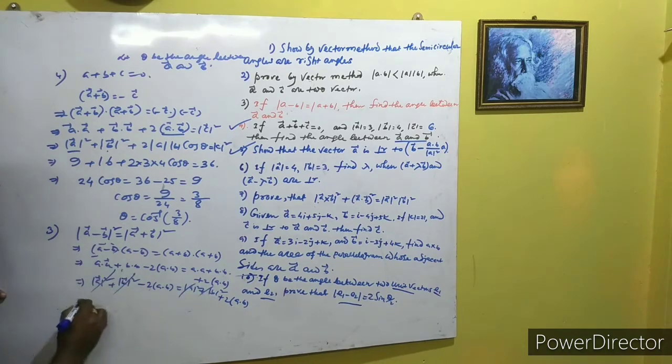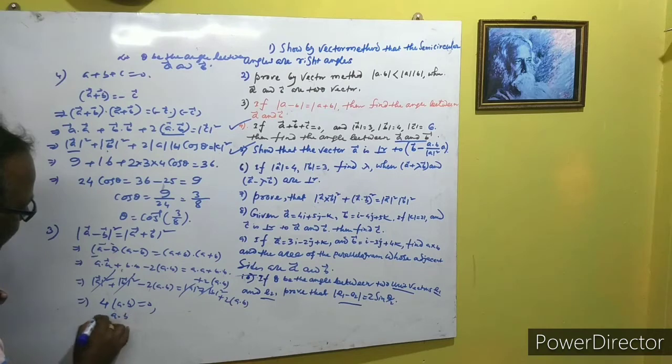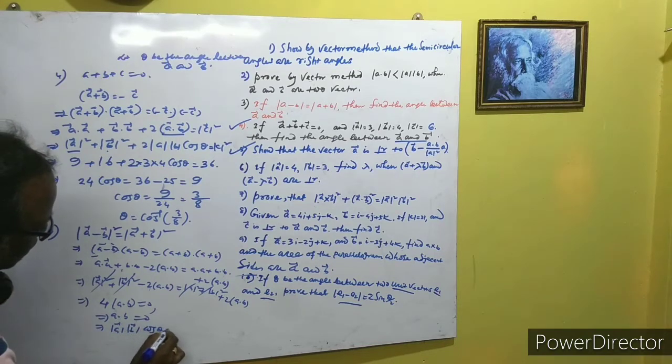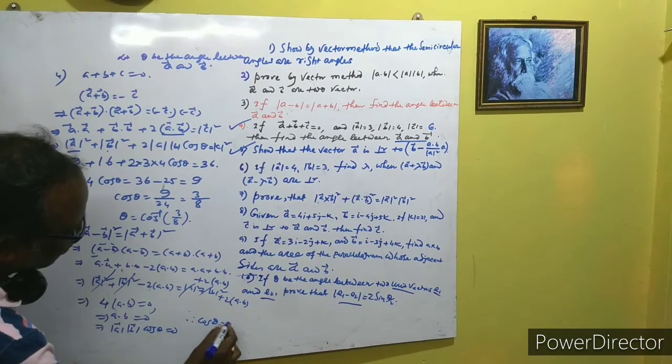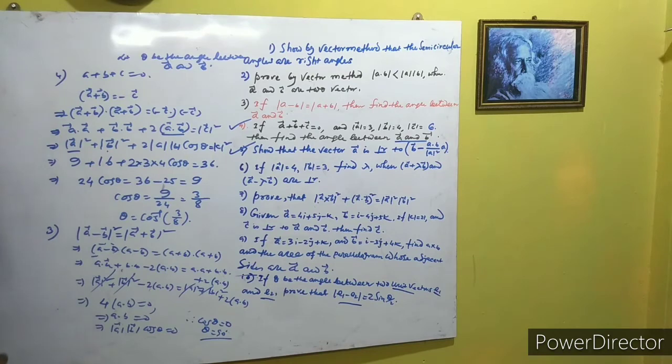Now transferring to the right hand side, we get A dot B is equal to 0. So A dot B equals 0, that is mod A, mod B cos theta equal to 0. So therefore cos theta equals 0, then theta is equal to 90 degrees. So the angle between the two vectors A and B is 90.